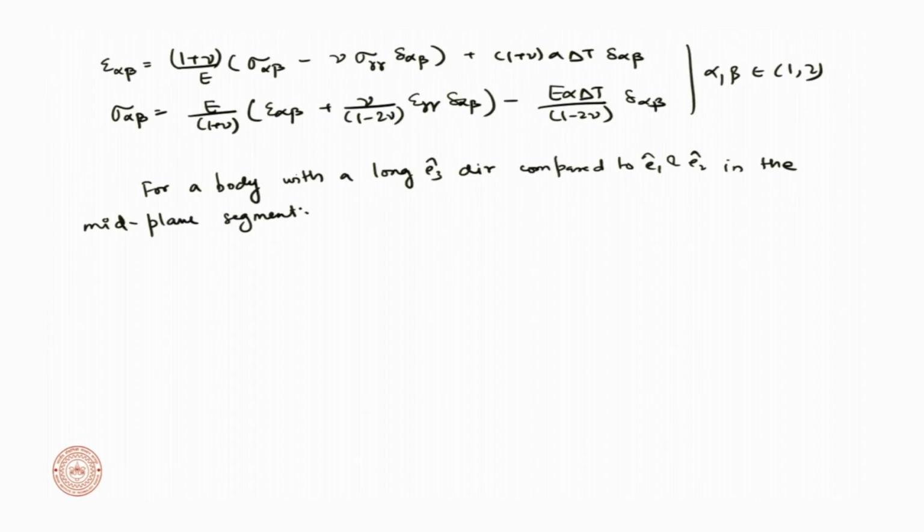So if you take out a plane, say this body, it has a smaller E1 and E2 and it has a longer E3. If you take out a segment from the mid plane, in that case the strain in the third direction can be ignored because E3 is very large compared to E1 and E2, and then this plane strain application can be used.